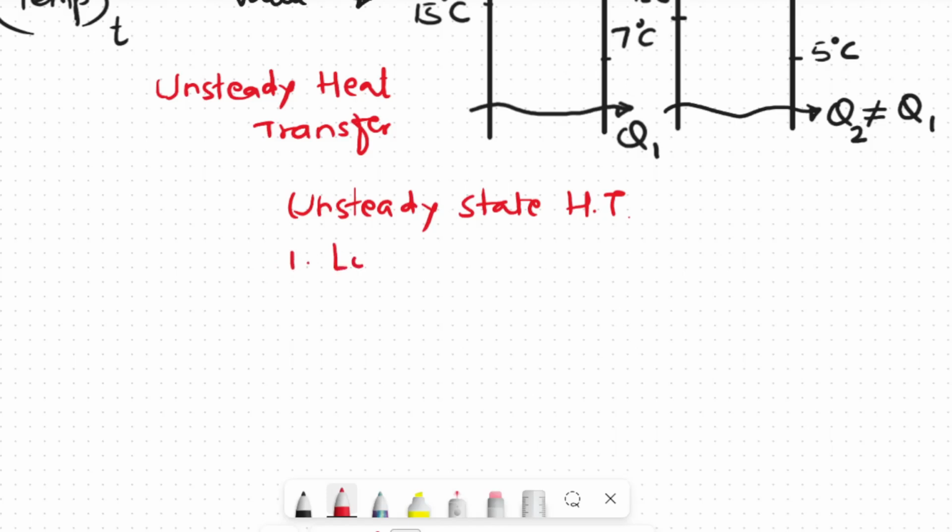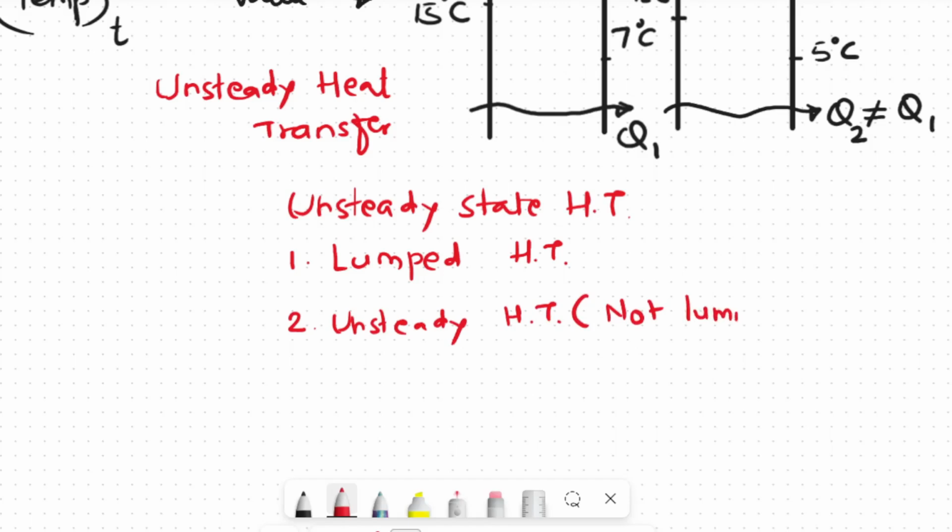One is lumped heat transfer, and the second is unsteady state heat transfer with a not lumped system.